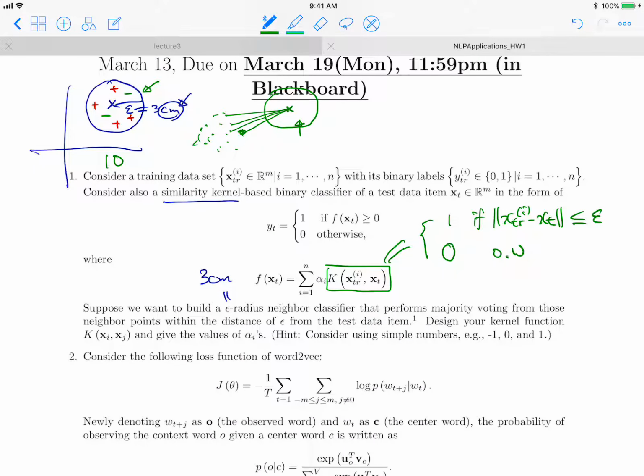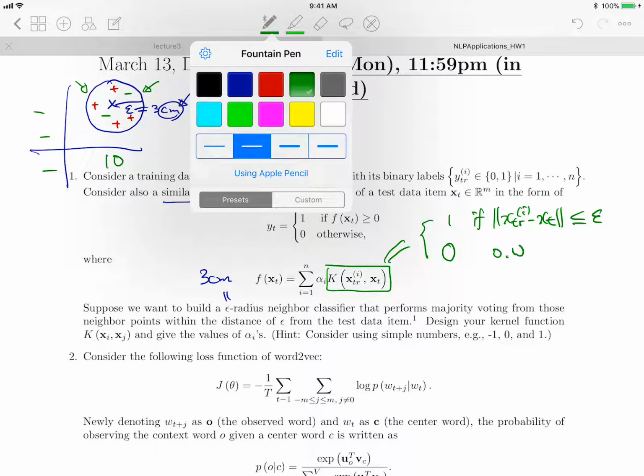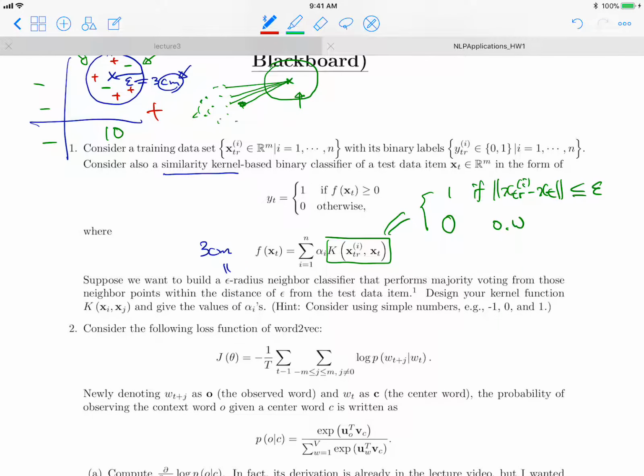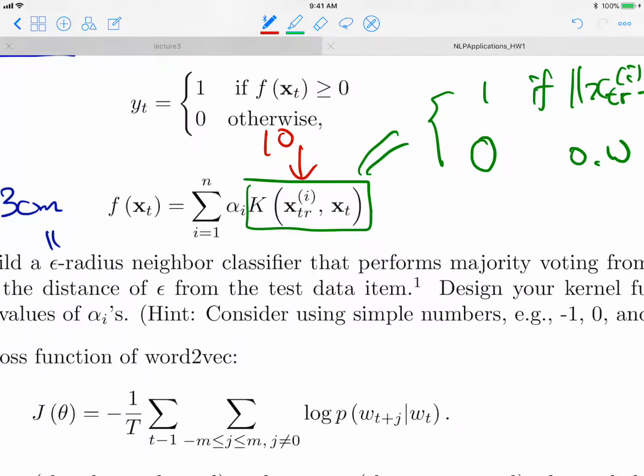So we will have 10 different terms here, because we are iterating from i through n, where n is the number of training examples.